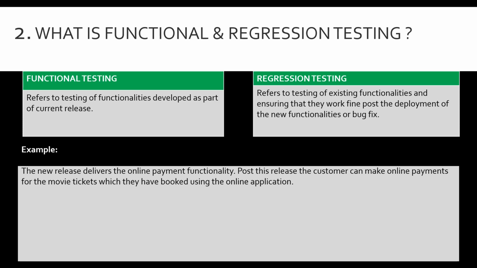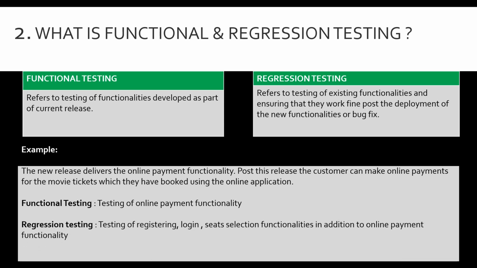So let's look at what is functional and regression testing in this example. Functional testing refers to the online payment functionality which is being deployed as part of the current release. It's a new functionality, so testing of that is known as functional testing. Regression testing is testing of the functionalities which were already existing, like registering, login, and seat selection for the movies.